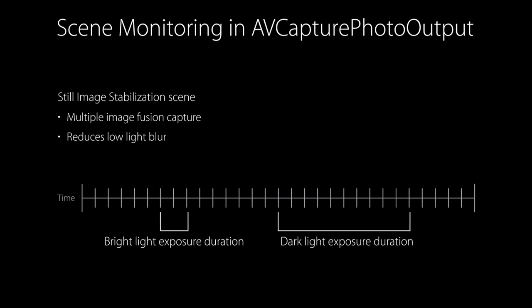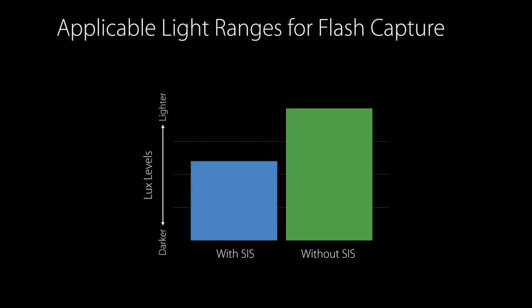So, at first glance, flash worthiness or still image stabilization worthiness would seem like orthogonal features, but they're actually closely related, and this causes some API ambiguity. Looking at this graph, we see the applicable light ranges for flash capture with and without still image stabilization. I've shortened still image stabilization to SIS for brevity.